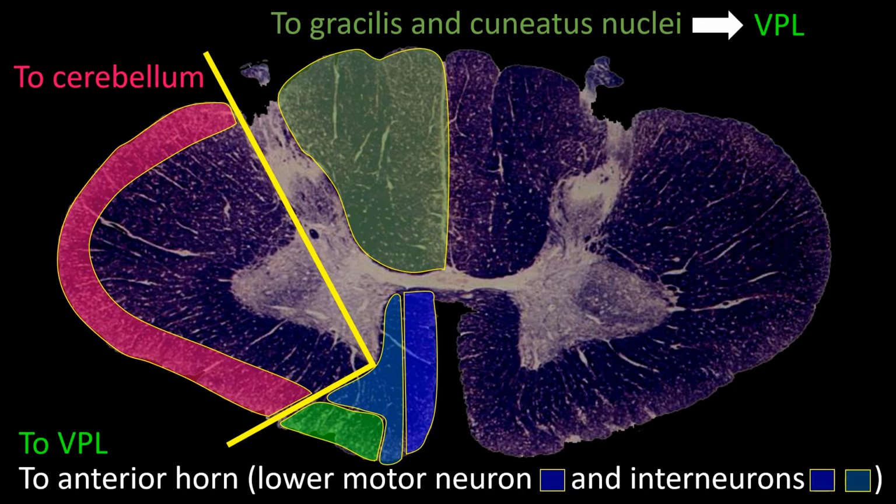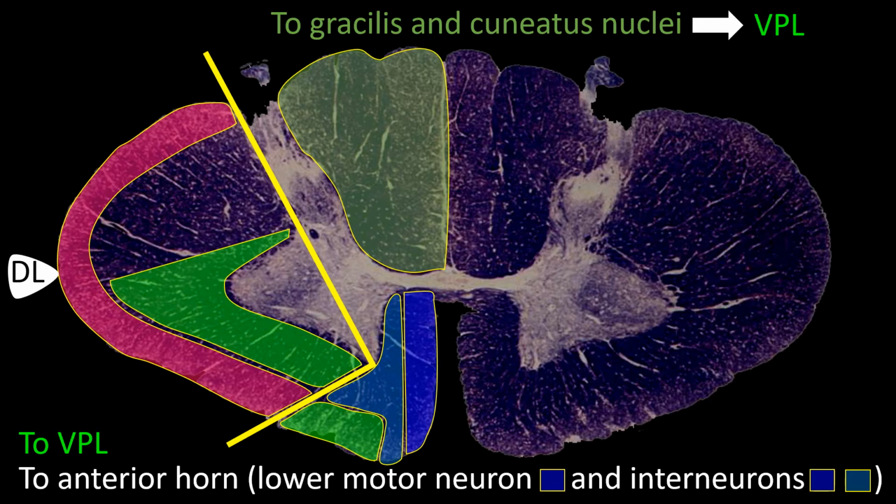Most prominent are those in the rim that carry information to the cerebellum. Those deeper in the cord and anterior to the denticulate ligament, indicated here by the triangular structure labeled DL, are from cells in the dorsal horn whose axons cross shortly after their origin and travel to the thalamus, carrying pain and thermal sensation.